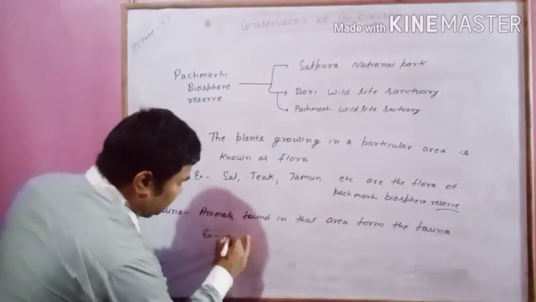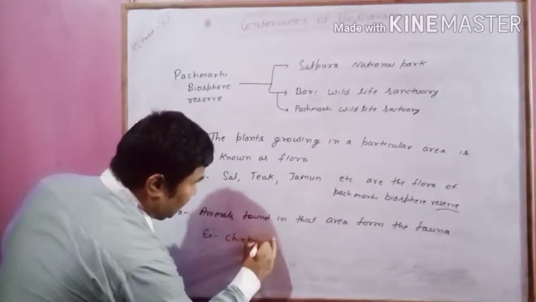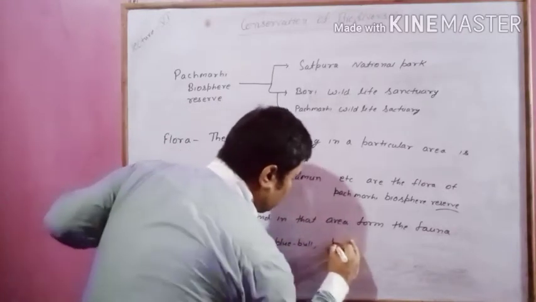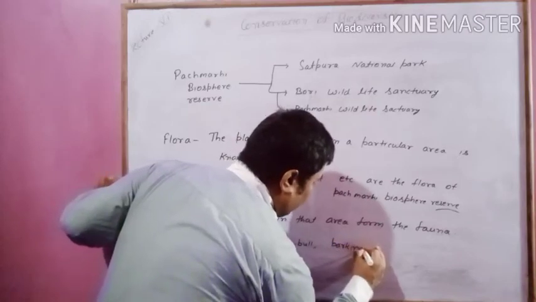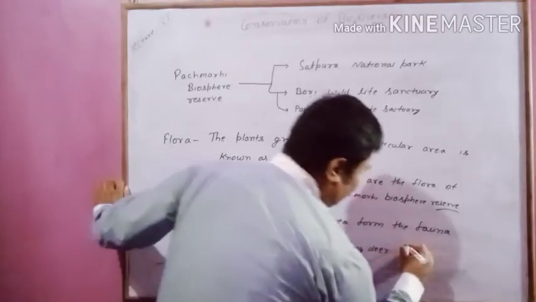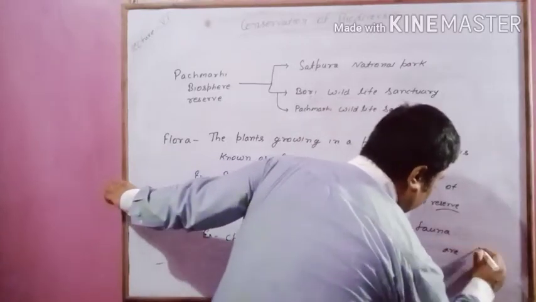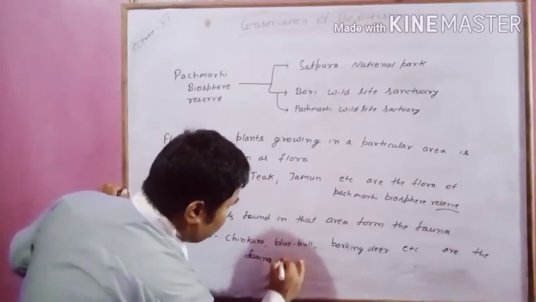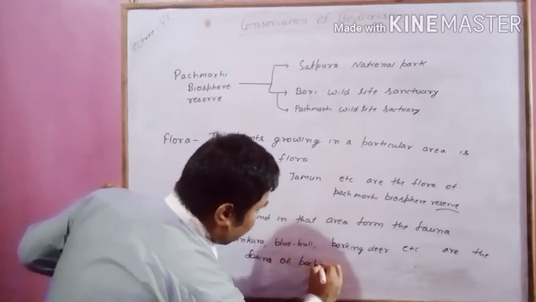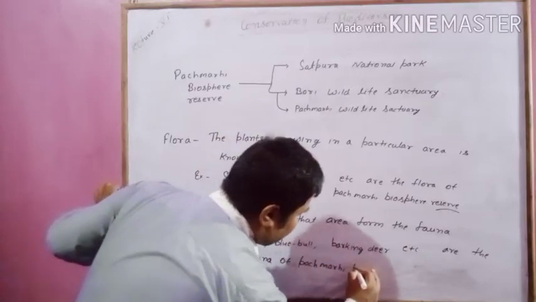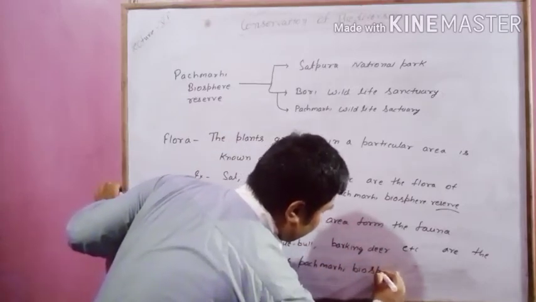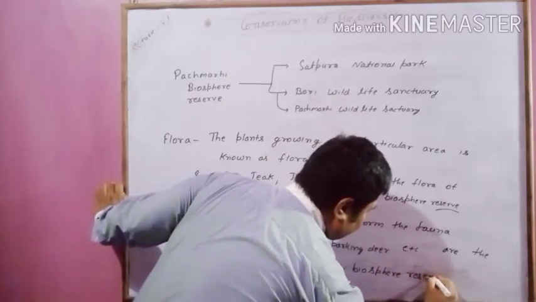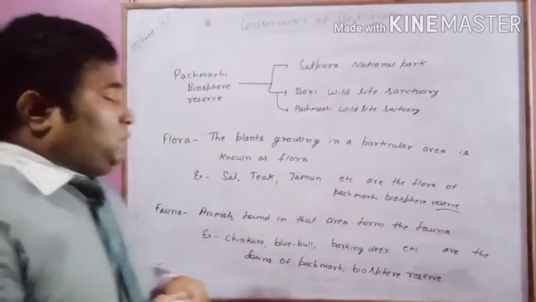For example, chinkara, blue bull, barking deer, etc. are the fauna of Pachmarhi biosphere reserve. Okay.